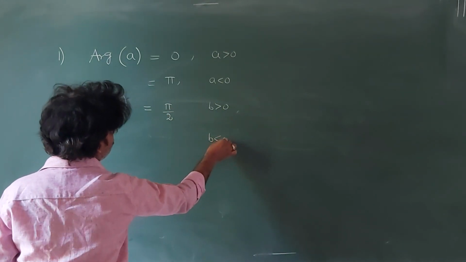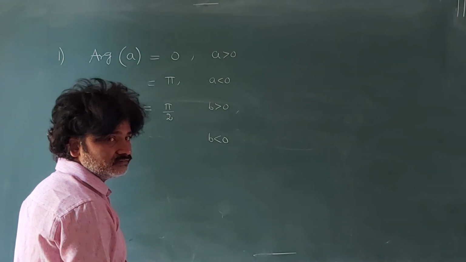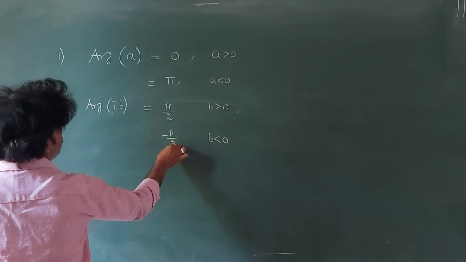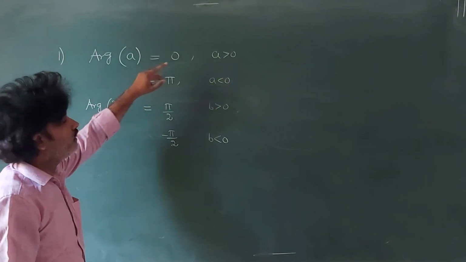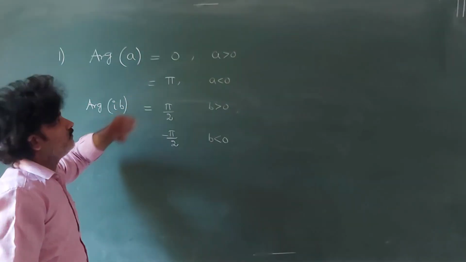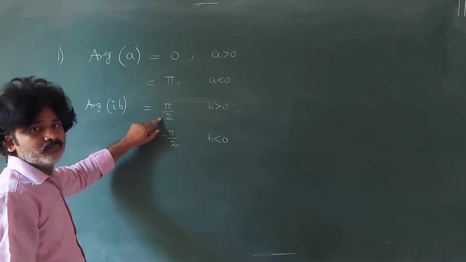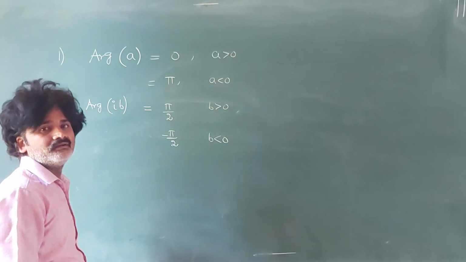Suppose it is negative, like minus i by 2, minus root 3 i, in that case the argument is minus pi by 2. So the argument of a positive real number is 0, that of a negative real number is pi, a positive imaginary number pi by 2, and a negative imaginary number minus pi by 2.